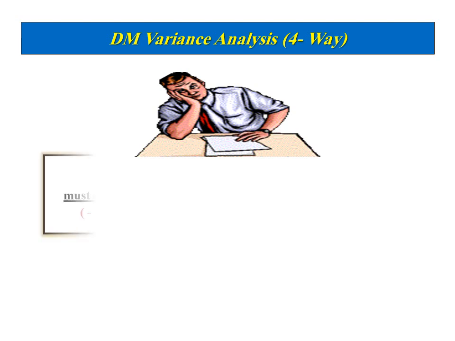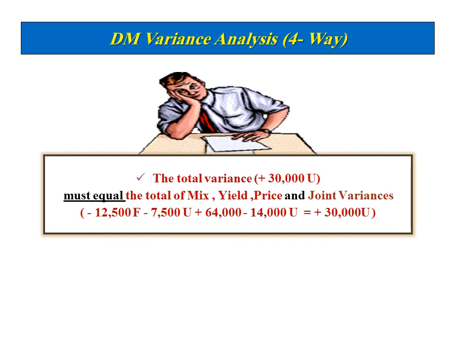If you remember, the total variance here in my example, 30,000 unfavorable. So the total of mix, yield, price, and joint, these are my amounts of each kind of variance. The total of them must equal 30,000 unfavorable.